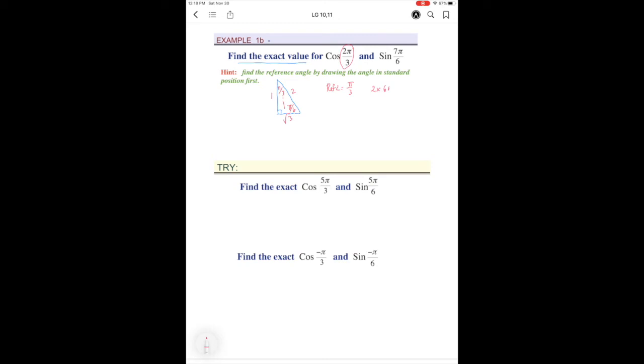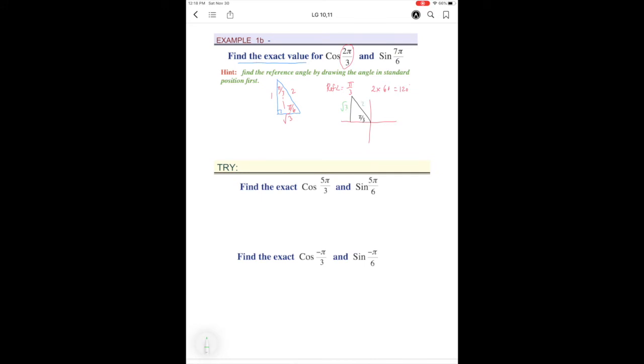And we have two of those. Remember, pi over 3 is 60, so it's 120. So now I can draw this. 120, draw my triangle, put my reference angle in there. Now I'm going to label all the sides.